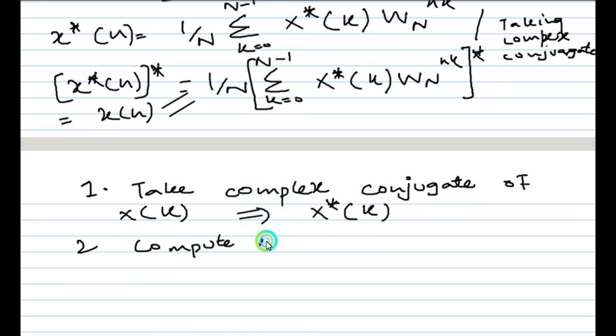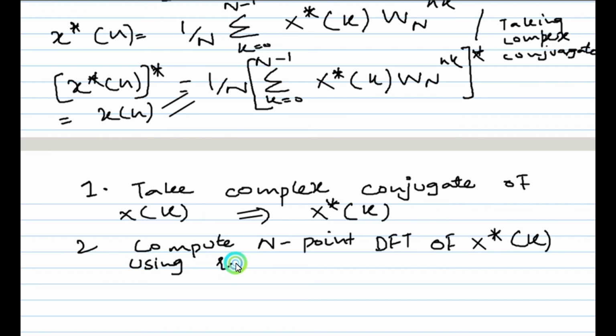You can use any algorithm, it can be radix 2, radix 4, whatever you wish. Radix 2 FFT can be decimation in frequency or decimation in time. So I have obtained this summation over k.